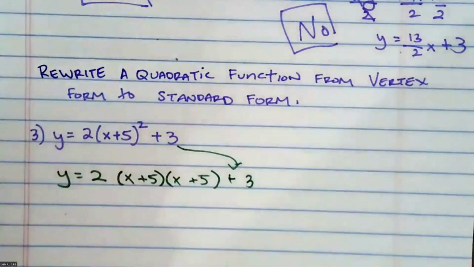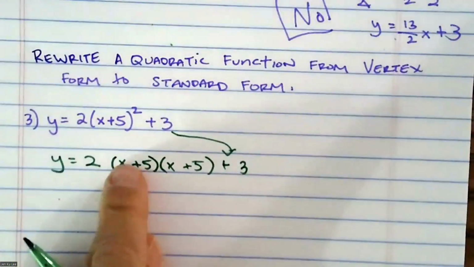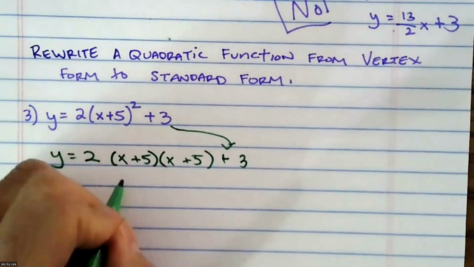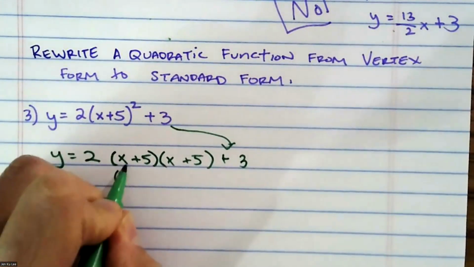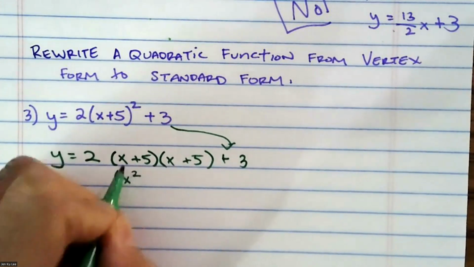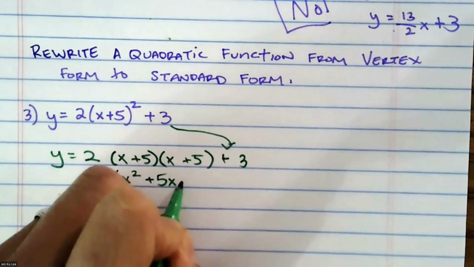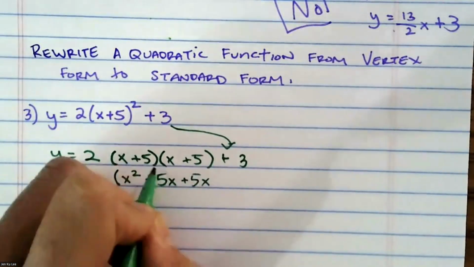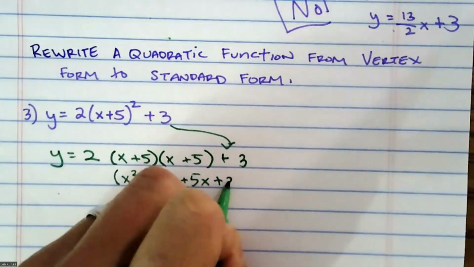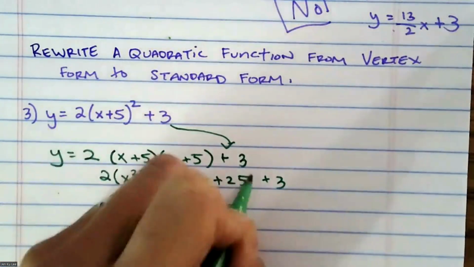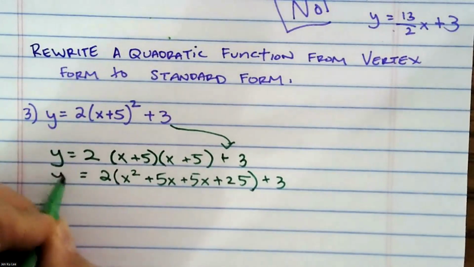This 3 just follows down here. And if I FOIL this out, or multiply this out, we did this in our previous module, x times x is x squared. x times 5 is plus 5x. 5 times x is plus 5x. And then the last, plus 25, plus 3, times 2 equals y.